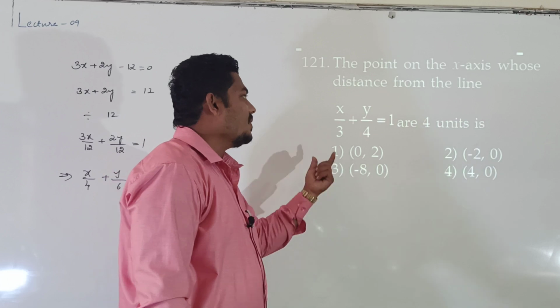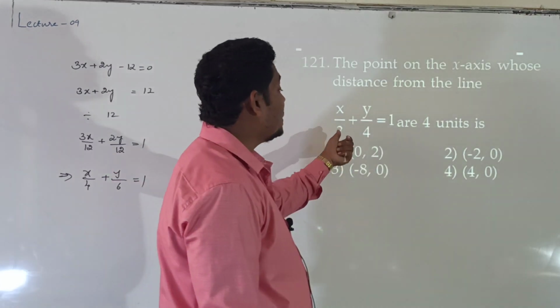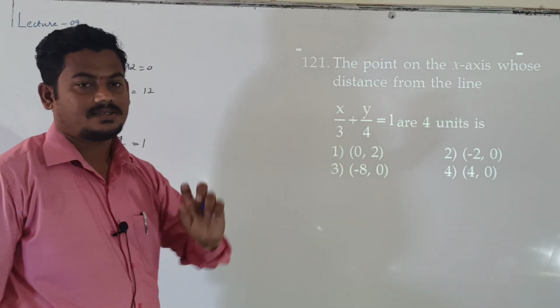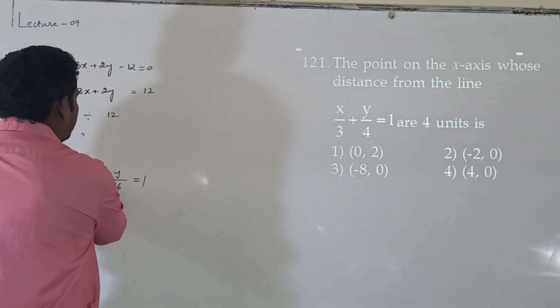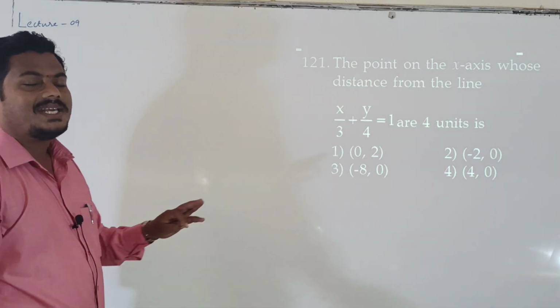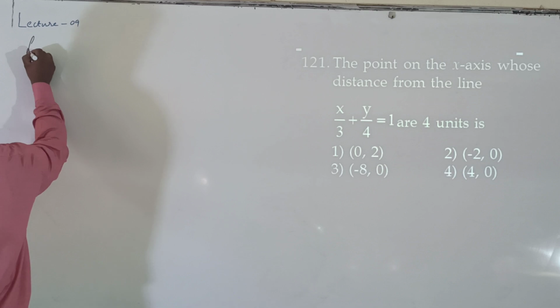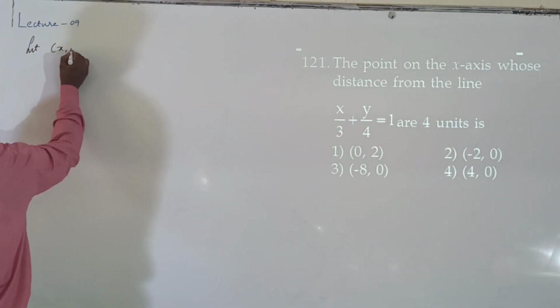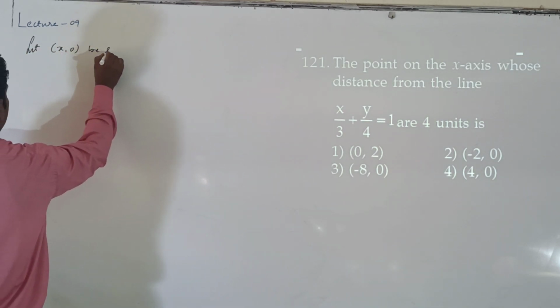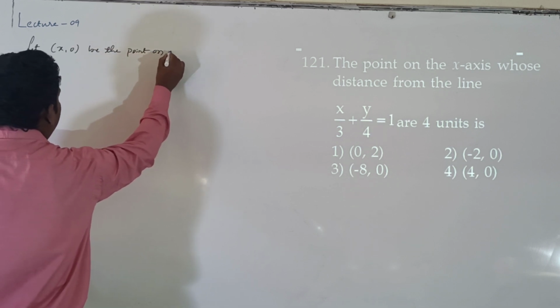Means the distance between any one of the points on the x-axis and this line is 4 units, right? Our required point is on the x-axis. Means let x comma 0 be the point on the x-axis.